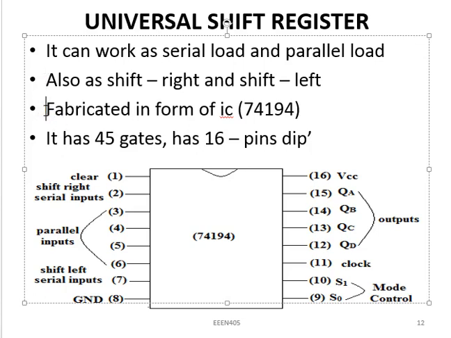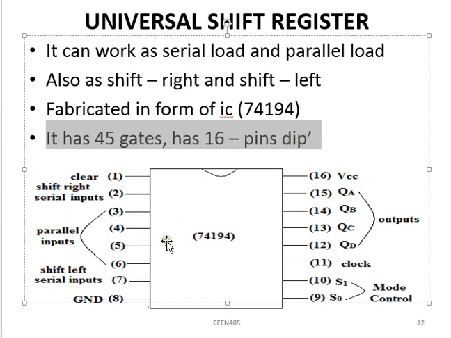This universal shift register is designed in the form of an integrated circuit, IC, with the typical part number 74194. The IC has 45 gates inside, and it has 16 pins, and it is DIP, that is dual inline package.